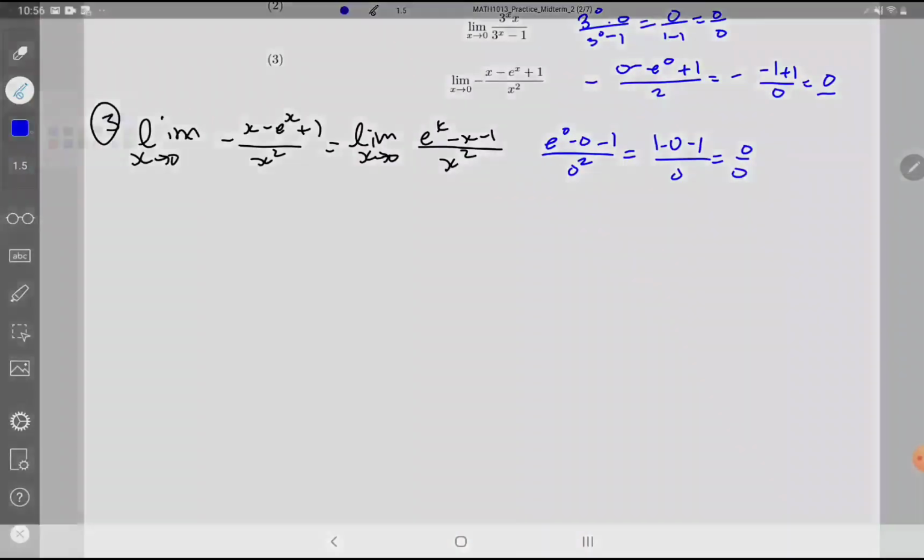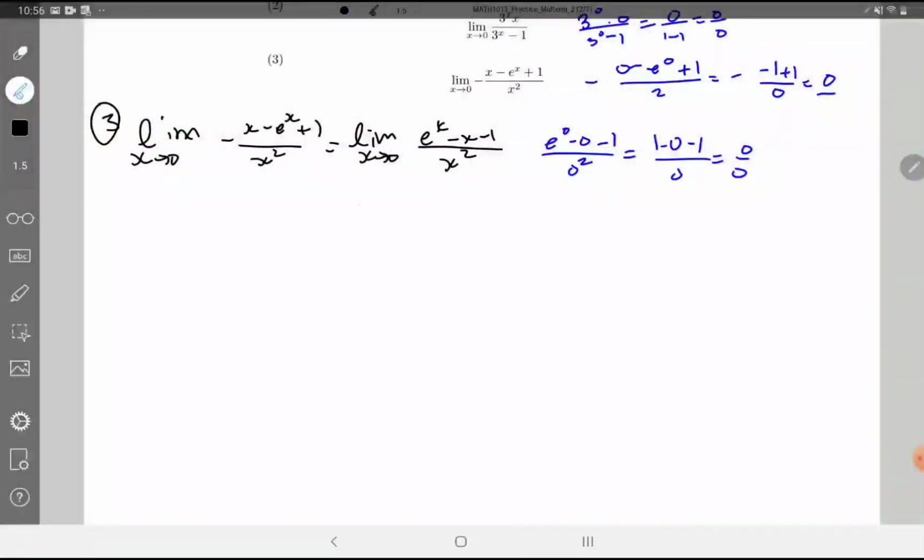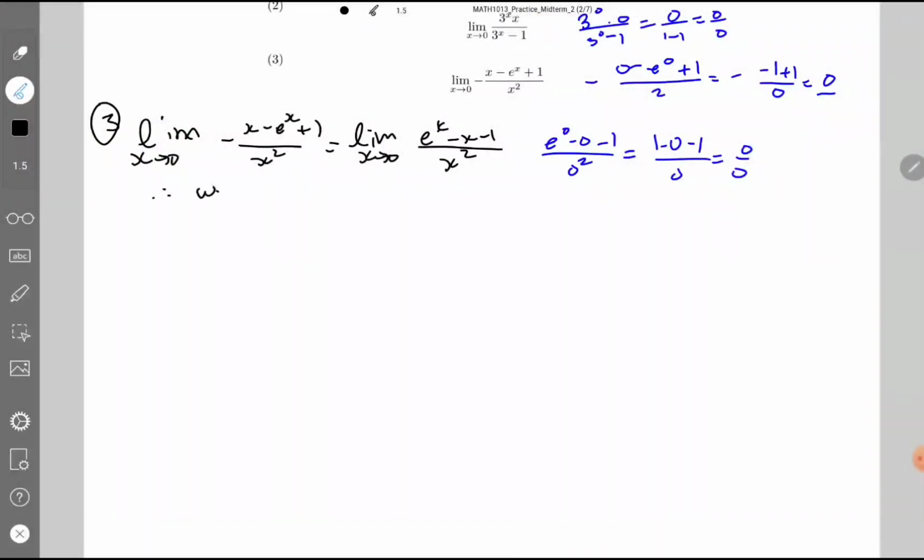So we can use L'Hopital's rule. Therefore, this is equal to, we need the derivatives. So let's look up the derivatives.